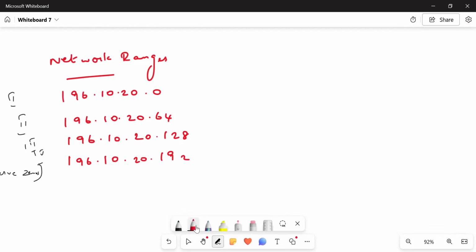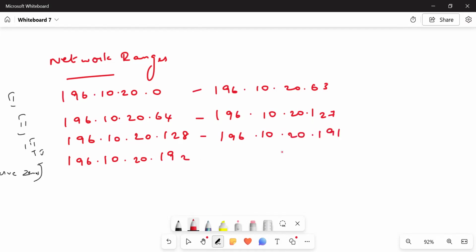The first subnet starts from this and ends just before the address of the next subnet, so it is 192.10.20.63. Likewise, 192.10.20.127, and here 192.10.20.191.